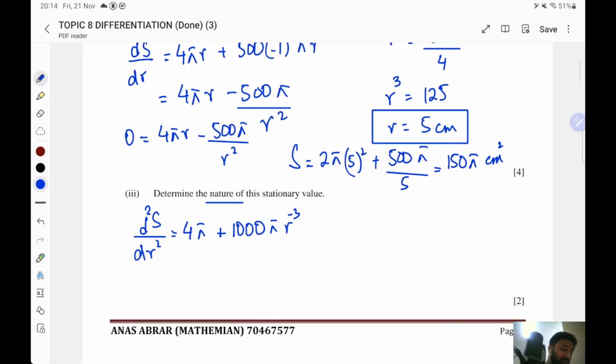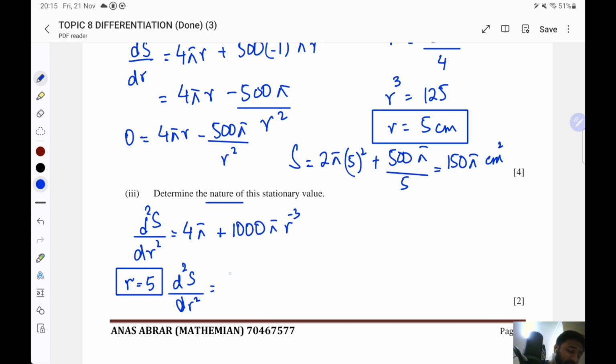We know that the value of r at the stationary point is 5. All we need to do is substitute the value of r as 5 here to see whether the second derivative value is positive or negative. So 1000 times pi times 5 to the power negative 3, automatically positive.